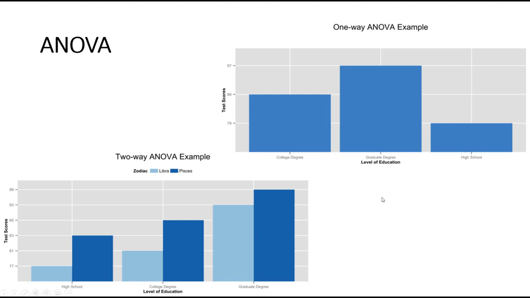On the bottom left, we have the same thing, except we've added the consideration of another categorical variable, which is zodiac sign. To make the analysis simple, we have only depicted two zodiac signs, Libra and Pisces. We still use high school, college degree, and graduate degree, as well as our test scores, but divide the education category further into two groups, zodiac sign.